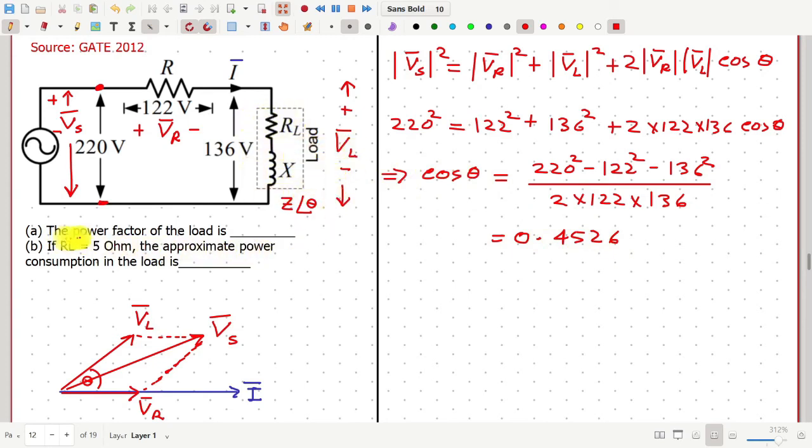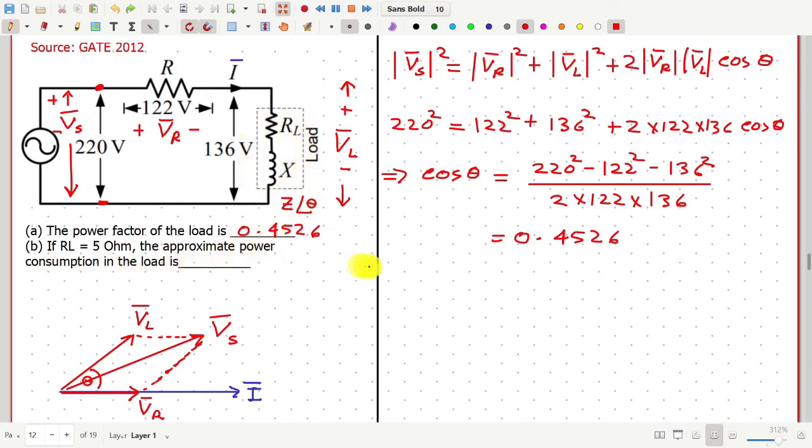Okay, so the answer for the first part is 0.4526. Then in the second part, the value of RL is given as 5 ohm, and we have to find the power consumed in the load.